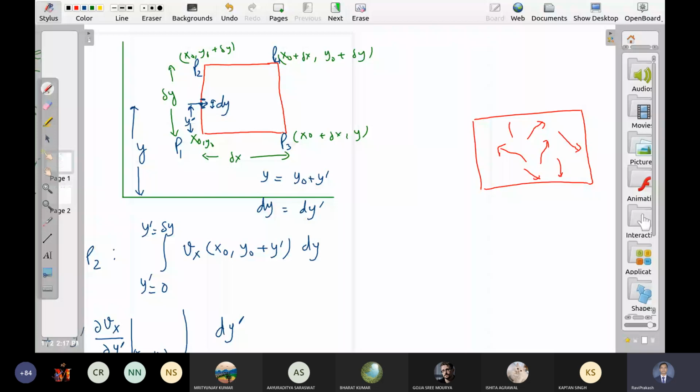The question is to find out where is the water source. Where is the source of water in this garden? What technique will we apply?